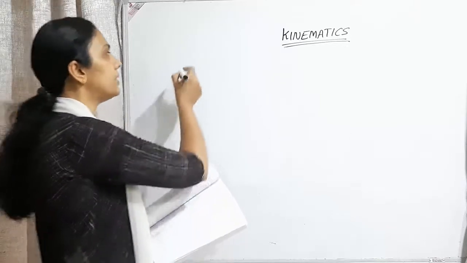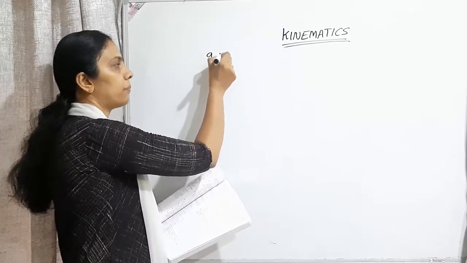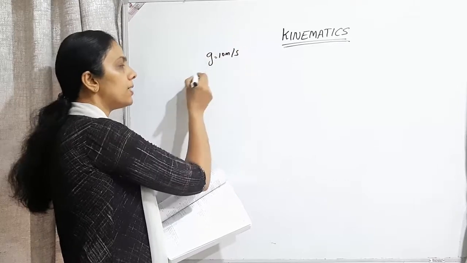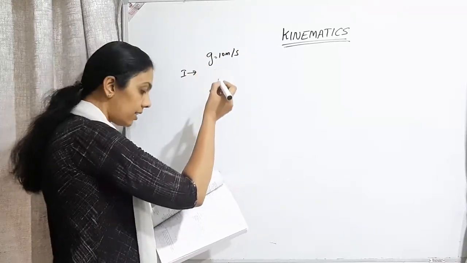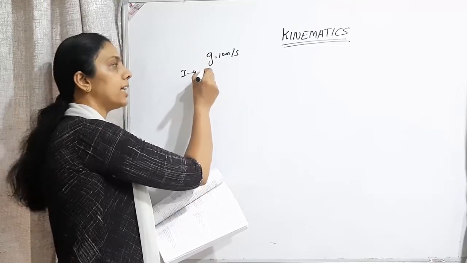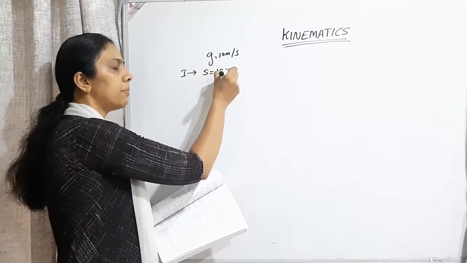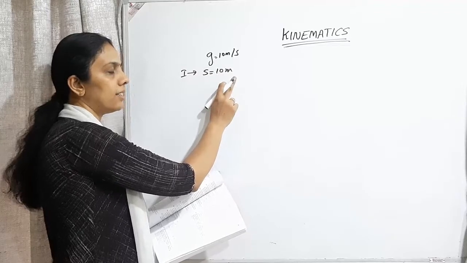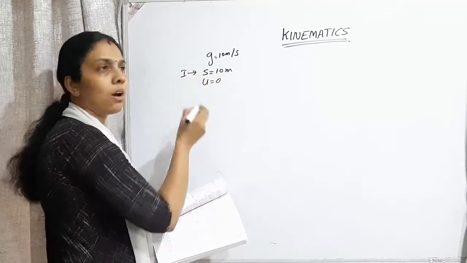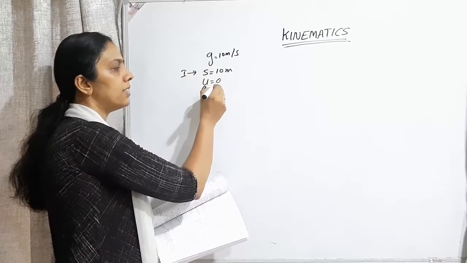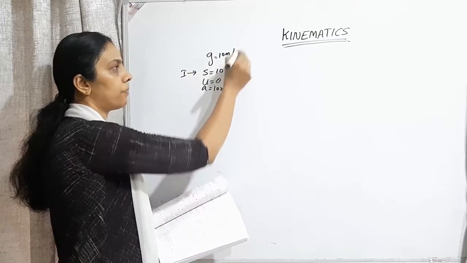You can consider g as 10 meter per second square. So a ball is dropped. In the first case it is dropping down. It's dropped onto the floor from a height of 10 meter. So displacement is 10 meter. Initial velocity is equal to 0. Acceleration is 10 meter per second square.